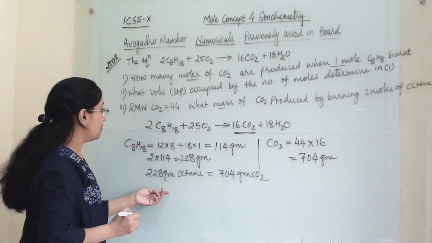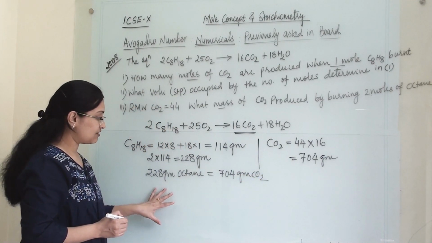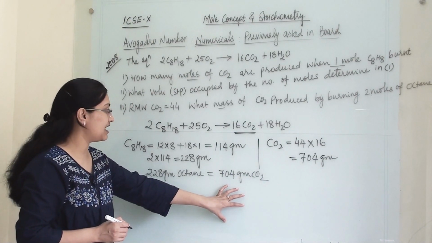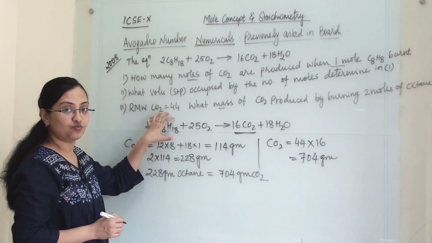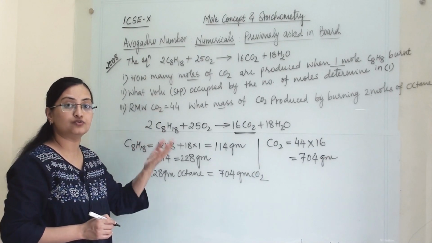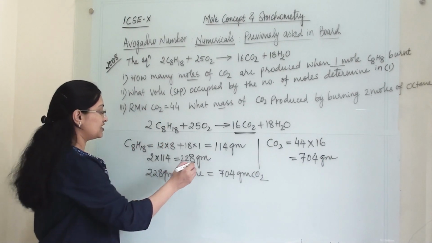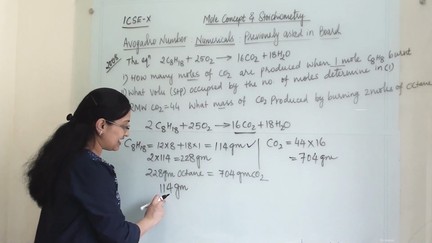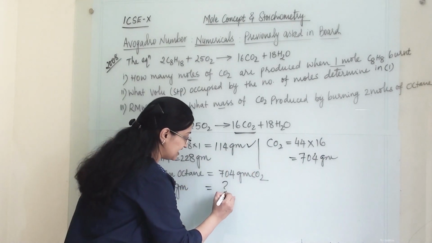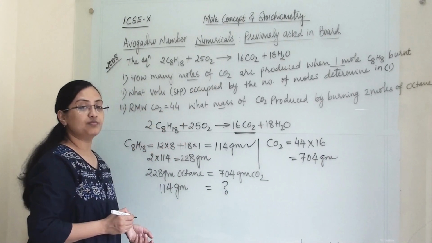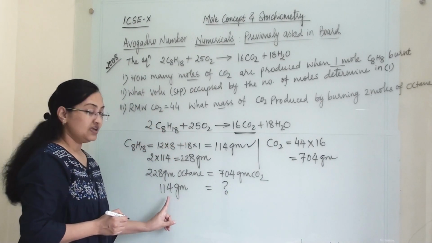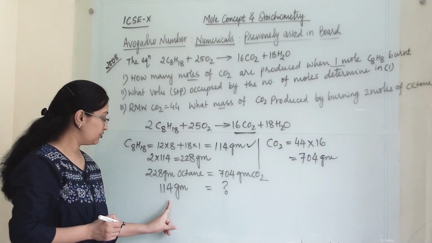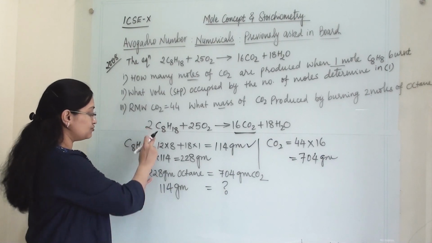So if we are burning 1 mole of octane, how much carbon dioxide will be generated? Now 1 mole of octane's weight is equal to its molar mass. So what is its molar mass? It is this, 114 gram. If we burn 114 gram of octane, how much carbon dioxide will be generated? Here we calculated with 2 moles because this is according to the equation.